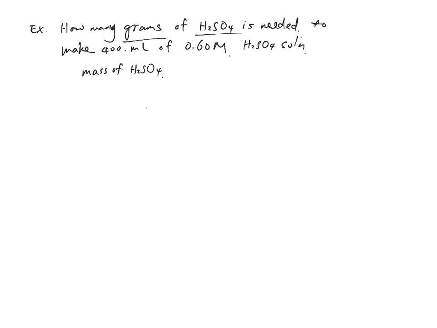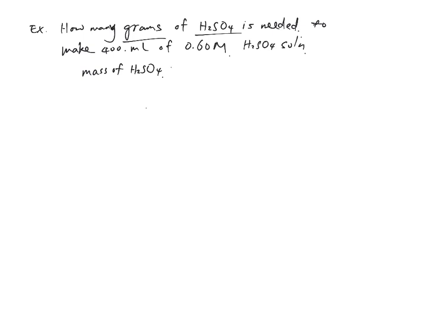How do we get the mass of a compound? You can do stoichiometry if it's involved in a chemical reaction. This certainly is not needed. So how do we get the mass of sulfuric acid without a chemical reaction in stoichiometry?